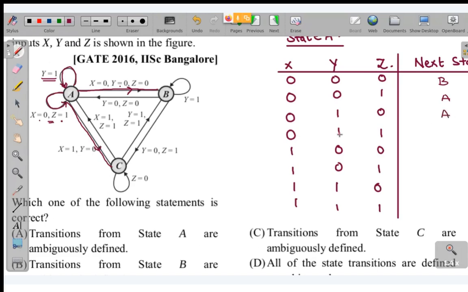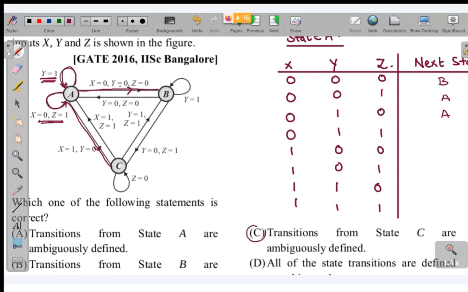Now next look, when X0, Y1, Z1. First search where is Y1 over here and Z is 1. Here Z is 0, here Z has not been mentioned, and here Z is 1, but Y is not mentioned, and here Y is 1. Even if here it is not mentioned, because we have Z1 over here, I will take this case, or you can take this case also. Still you are going to stay at A.